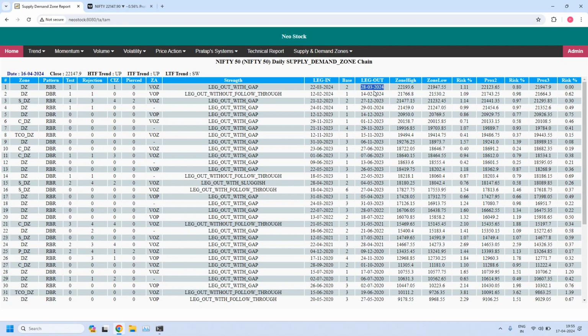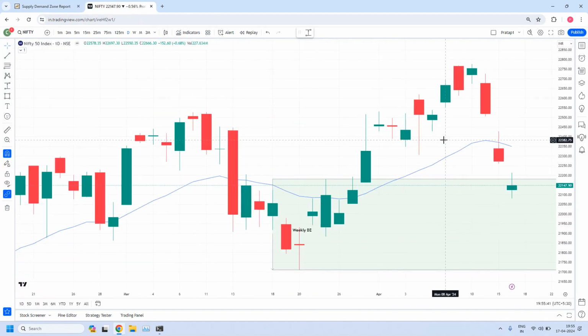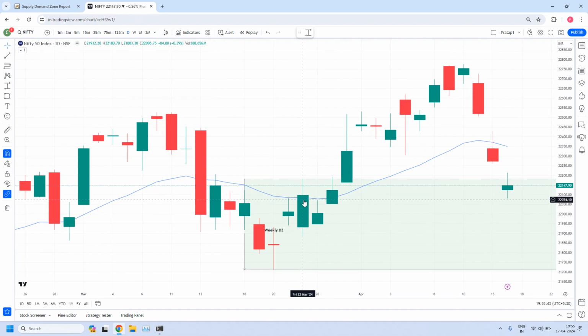So anyway, let's draw this zone. This is the 22.3 after the two base candles. 22 March. This is the one, 22 March, two base candles and a rally candle. Even if you add the hidden body, the software did not consider the length good enough to consider as a leg-out candle.